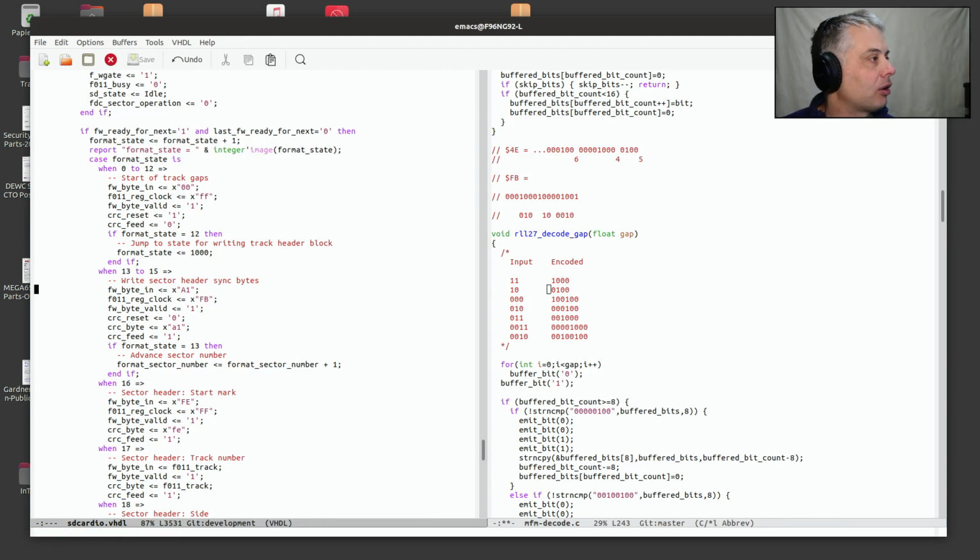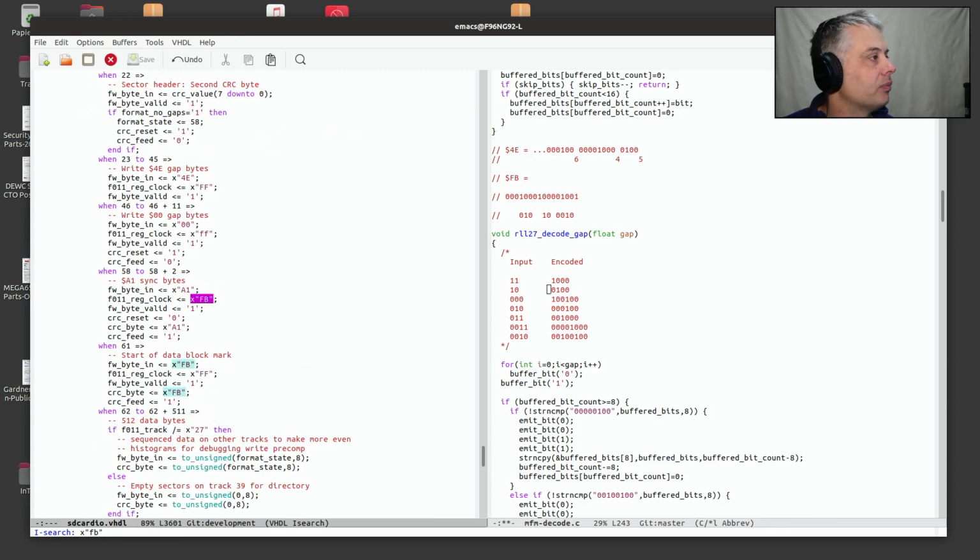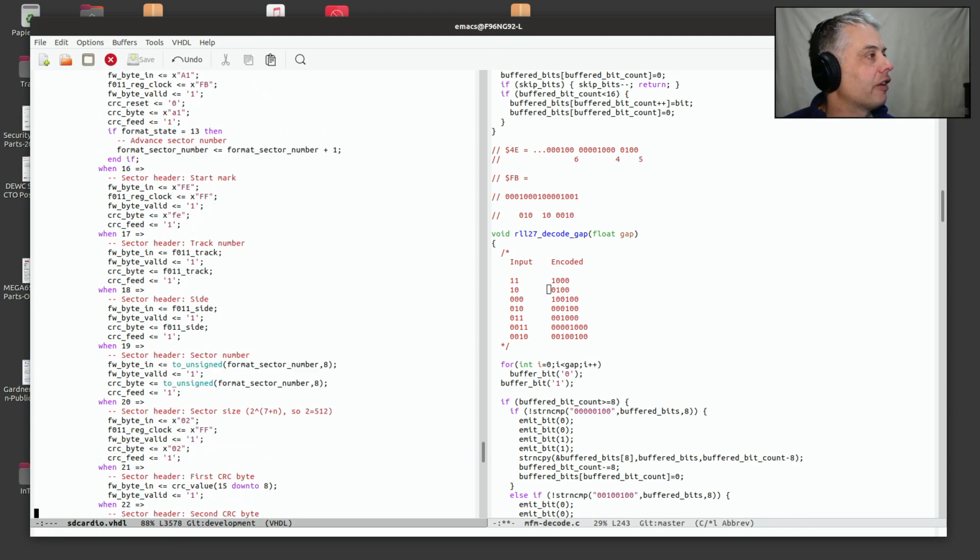Sector header sync marks. Yep. No, hang on. The data block is FB, so it's FE for the sector header.